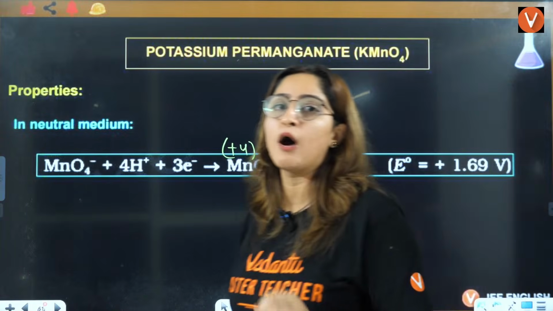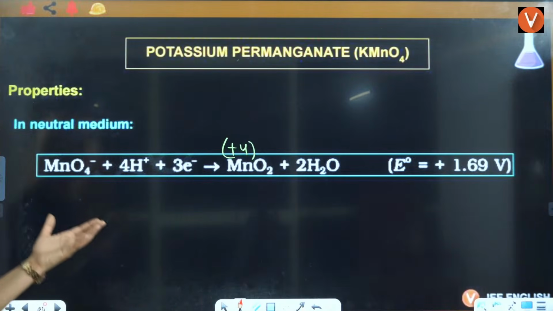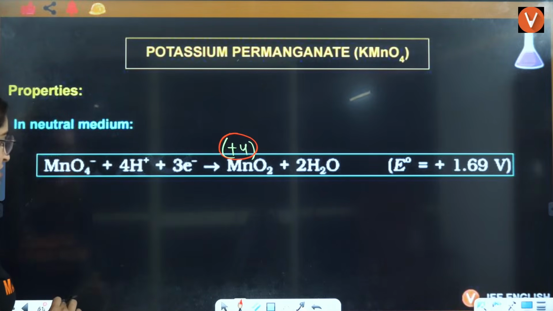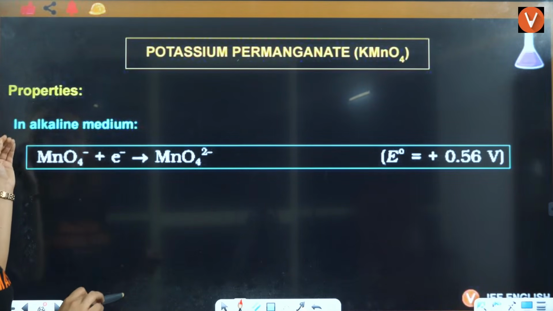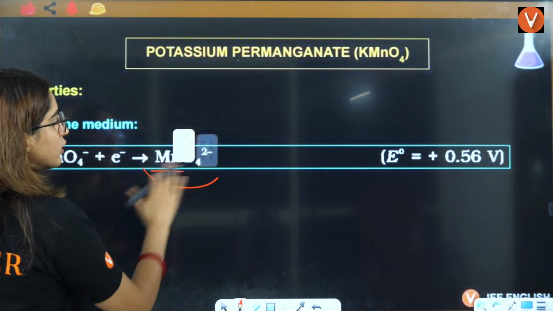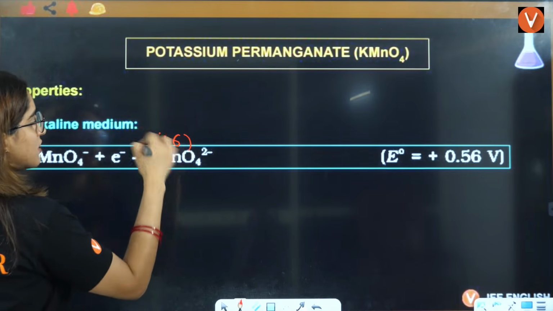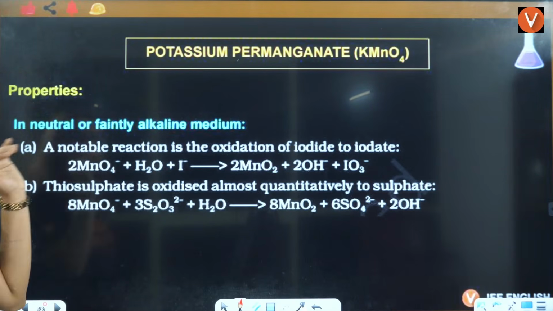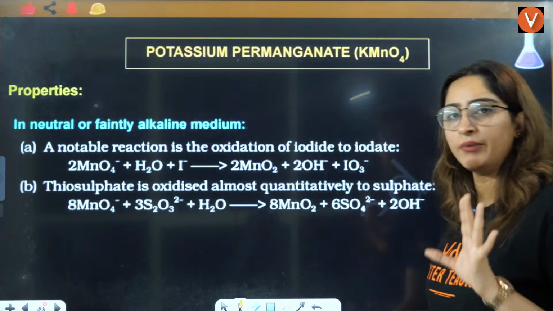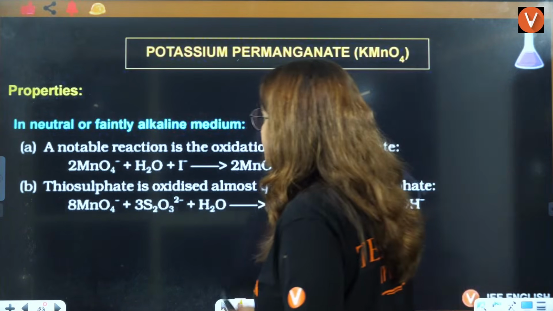Now, if you talk about alkaline medium, in neutral medium it is directly converted to +4. Same reactions it will give here. In alkaline medium, it is converted to MnO4 2 negative, that is +6 oxidation state. What to remember here: in neutral or faintly alkaline medium, same things will happen.